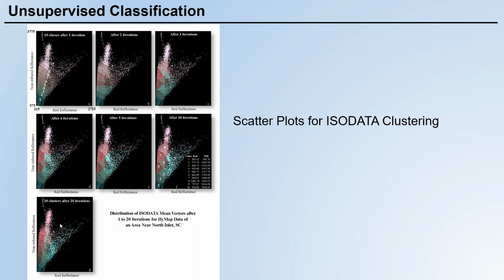So from the first iteration to the 20th iteration, all these classes have been reclassified again and again. You can consider these 20 iterations as 20 reclassifications based on the first classification.